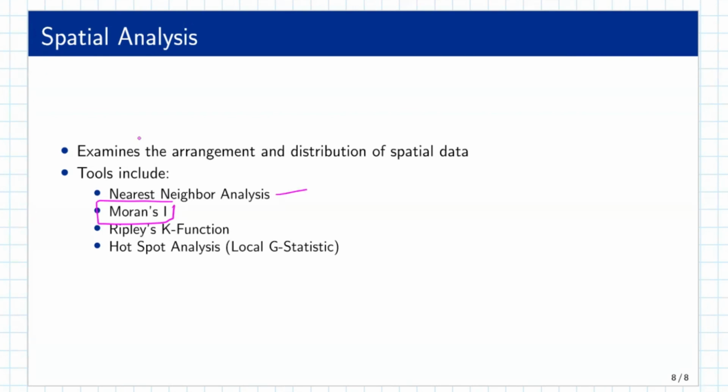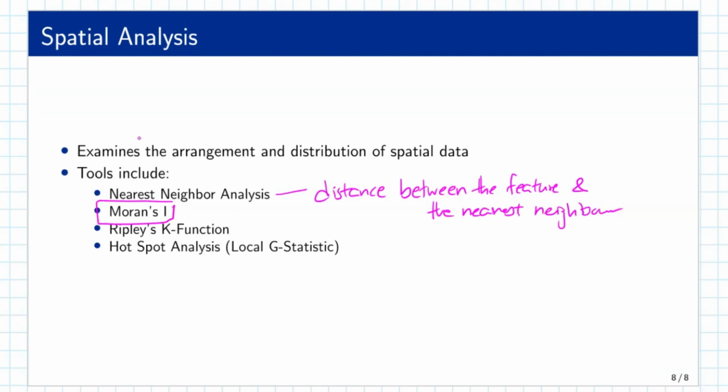In the case of nearest neighbor analysis, this statistical tool measures the distance, right? Distance between the feature and its nearest neighbor. So imagine that you are here. This is you. And it's raining.